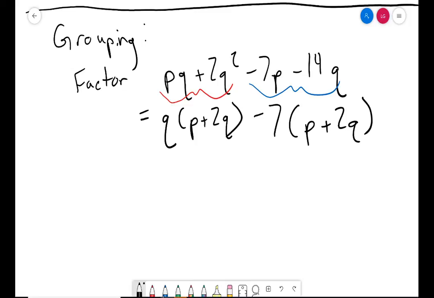I can factor those out as usual, with the kind of tricky moment happening right here, where I factor out the negative 7 from the second 2 terms, but it's not multiplication times q times p plus 2q. It's not times negative 7. It's actually minus 7 times p plus 2q. So there's a tricky thing happening there.